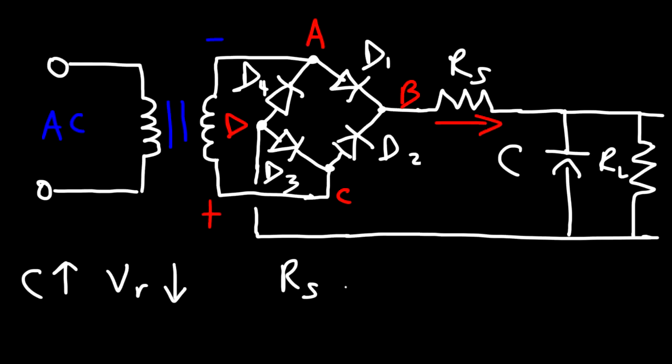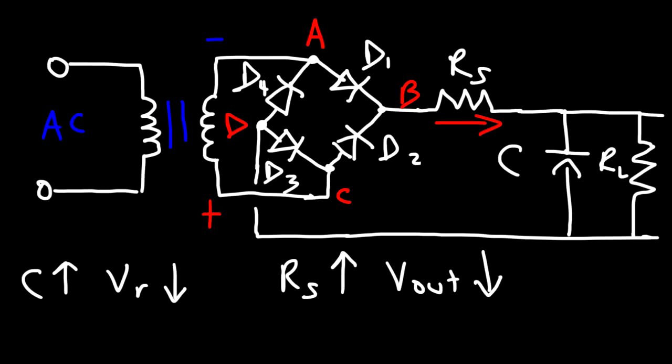Now you need to be careful because as you increase the series current limiting resistor R_S, the output voltage will decrease because these two resistors, which I'm going to highlight in blue, will form a voltage divider circuit. And so as R_S increases, the output voltage of your rectifier will decrease.